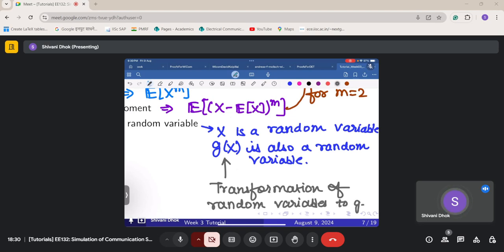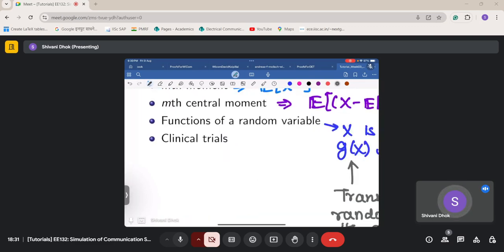To get its distribution. And at the end, we looked at the clinical trials. For clinical trials, we saw how we find the efficiency.